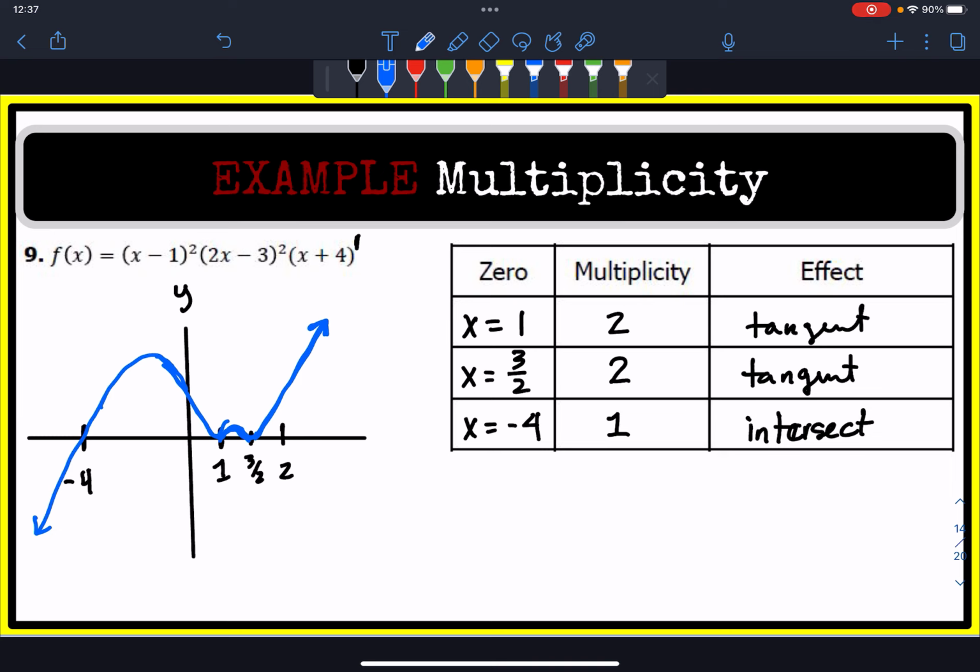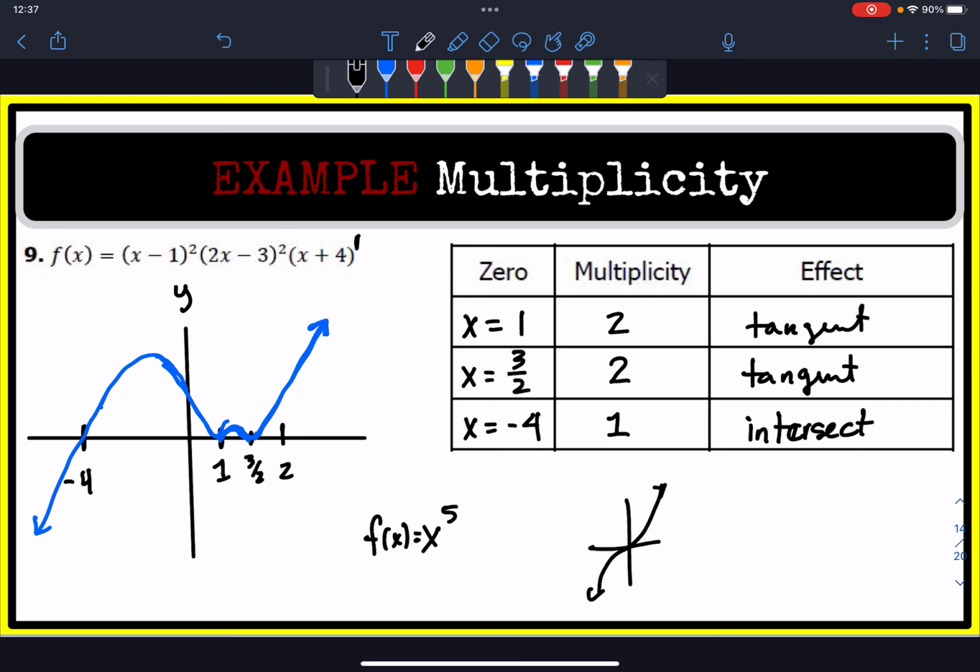The zeros are 1, 3 over 2, and negative 4. So from left to right, negative 4 is on the far left, and 1 is smaller than 3 over 2. And since these multiplicities add up to 5, this is going to behave like the power function x to the 5th power, which starts at the bottom and moves up.